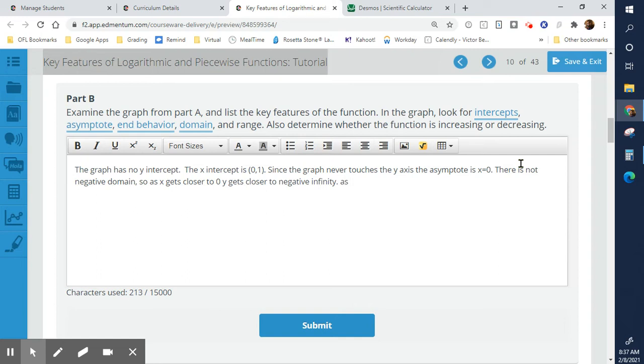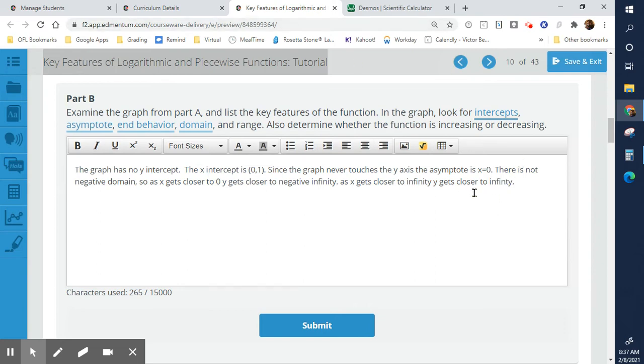As x gets closer to infinity, y gets closer to infinity.